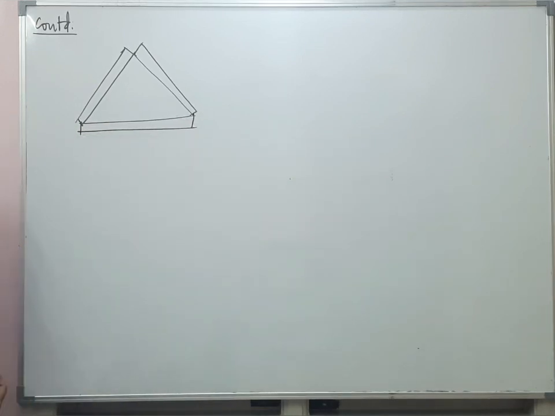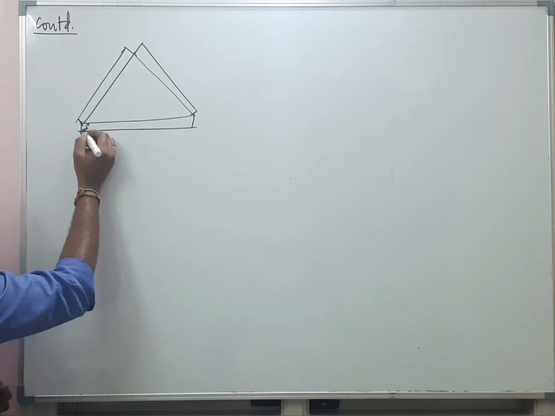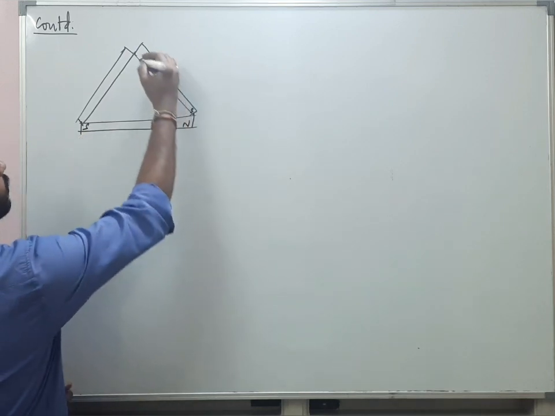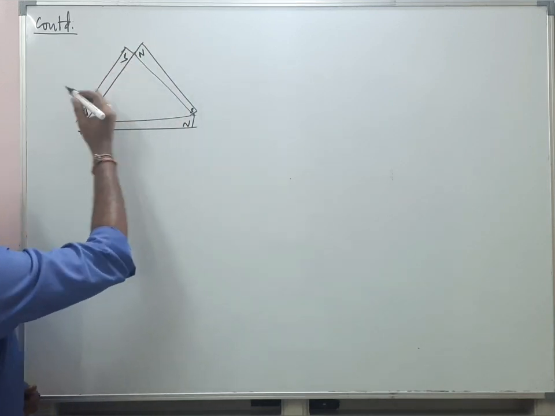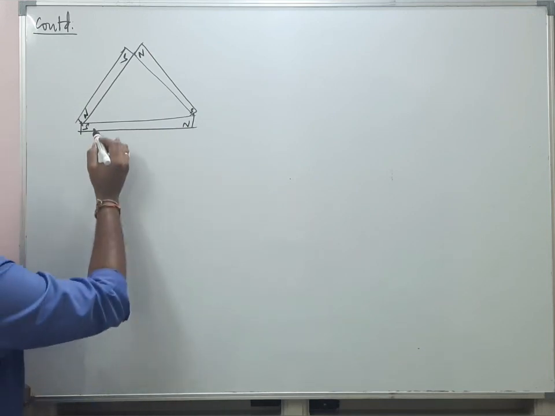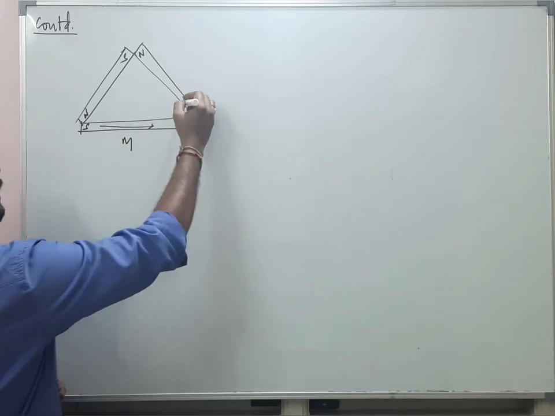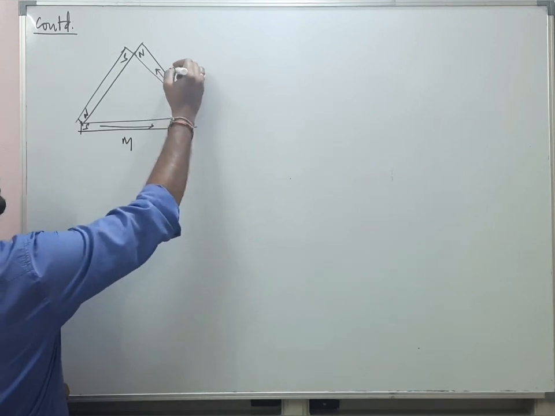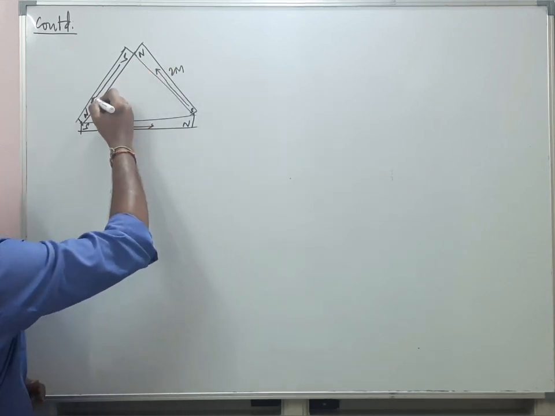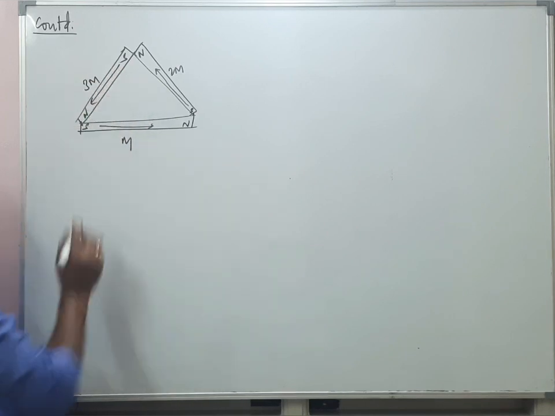It's a very important application here. South pole and north pole, south and north and south and north pole is here. Its magnetic moment is given as M. And this magnetic moment is 2M. And this magnetic moment is 3M. See here.